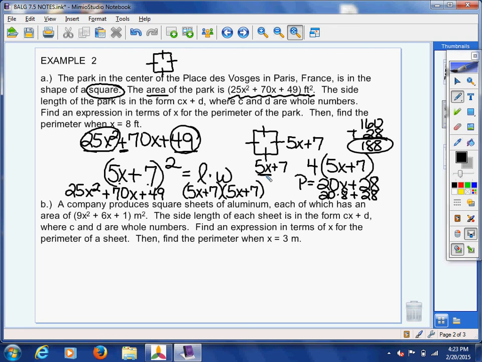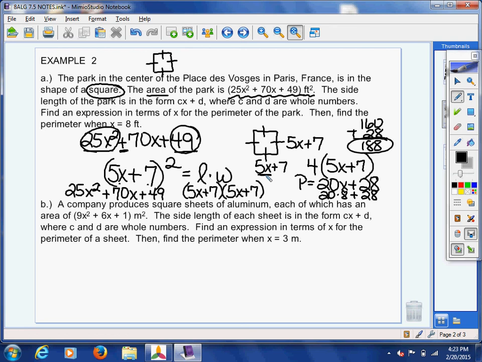I don't remember if I said 47 times 7. I apologize if I did. So anyway, there's a couple ways to do that. So the bottom line is they ultimately want perimeter, but you can't find perimeter until you know how long one side of your square is. Then if you know one side, then you know them all.